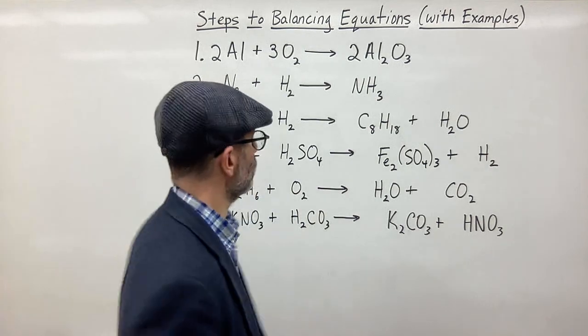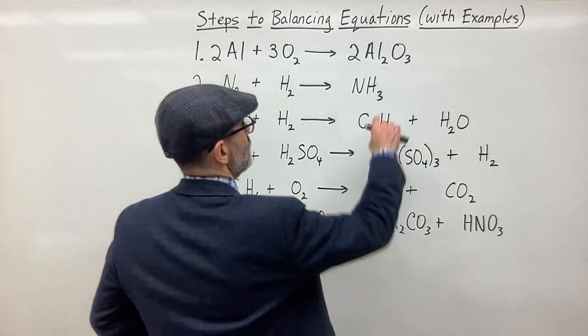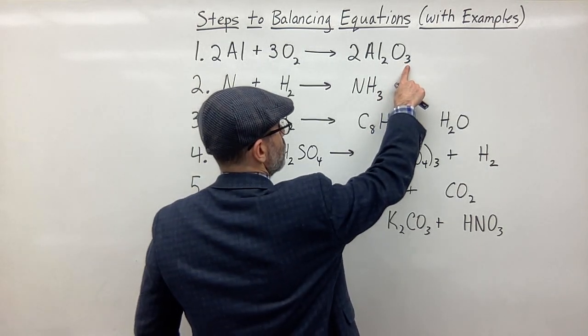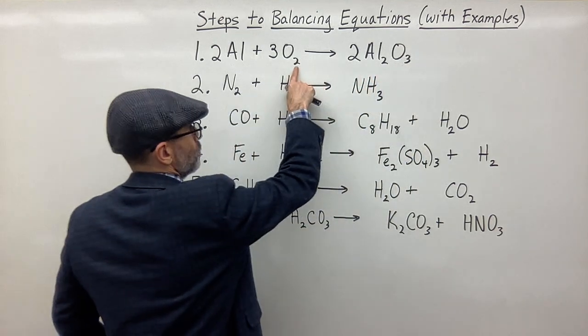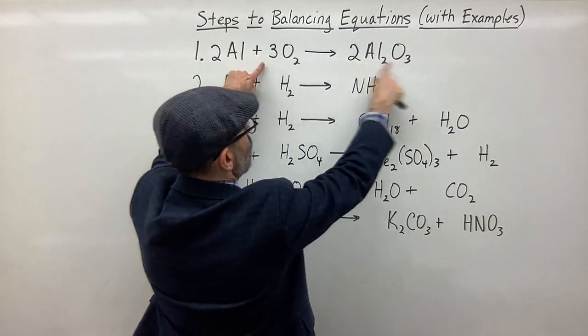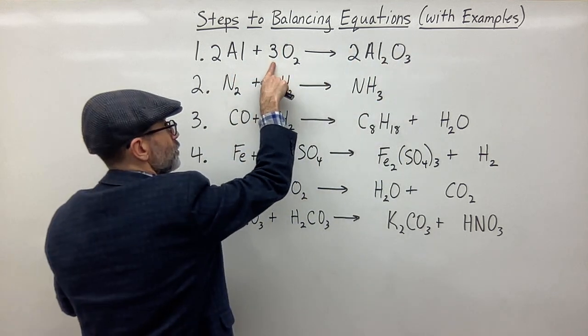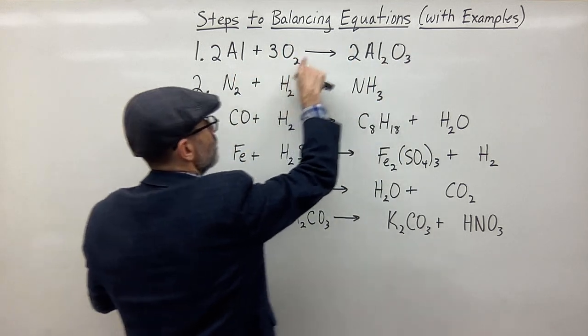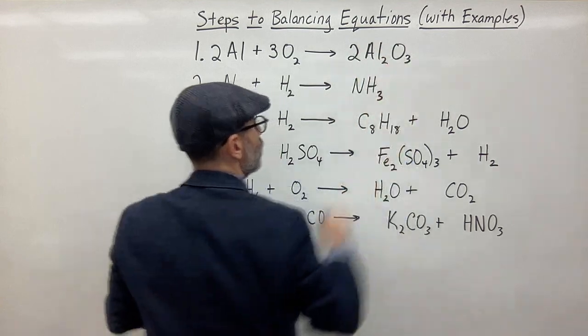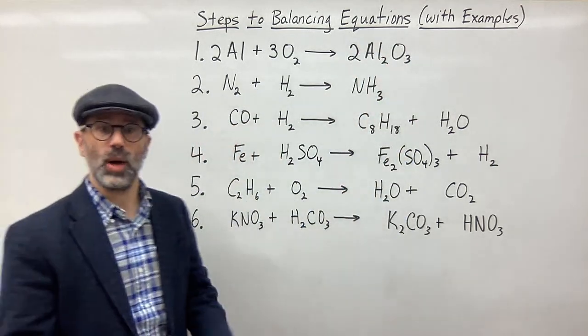Sorry about that. Since I have a 3 subscript there and a 2 subscript there, you can see that they cross over. So the 3 subscript becomes a 3 coefficient over here. The 2 subscript becomes a 2 coefficient there. So you can use that as a strategy as well.